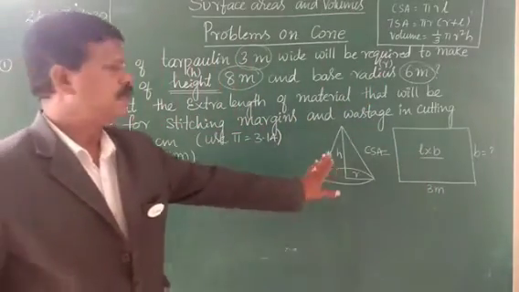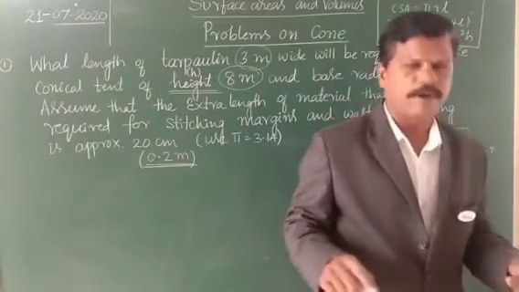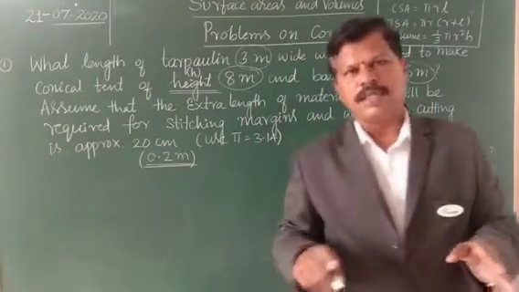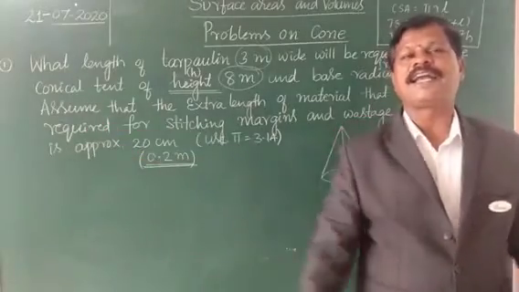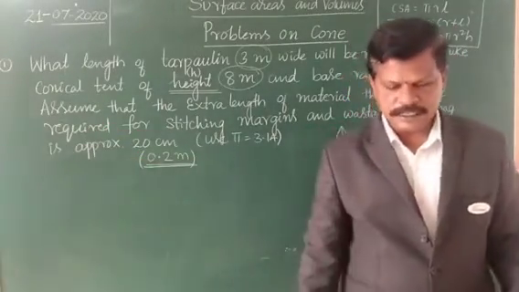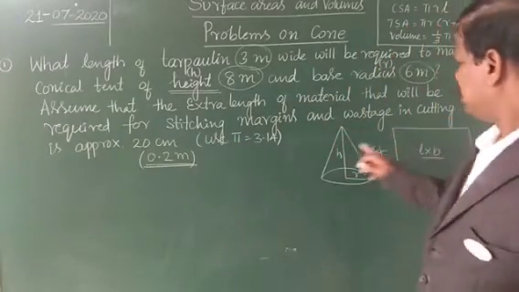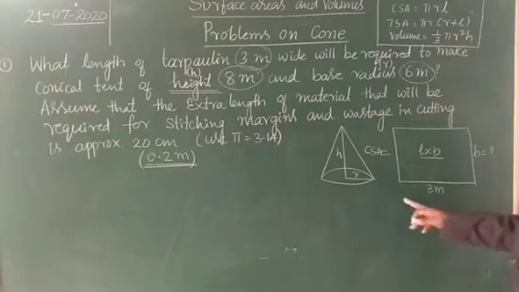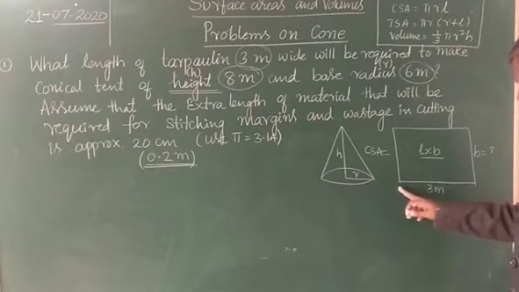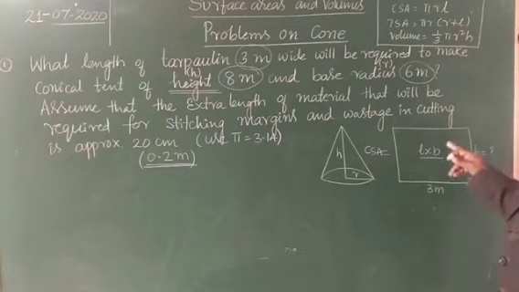Are you clear? When you go to a shop to buy cloth, that cloth is in the shape of a rectangle. So this is a rectangle shaped cloth. In that 3 meter we require, and the breadth of this cloth we don't know.